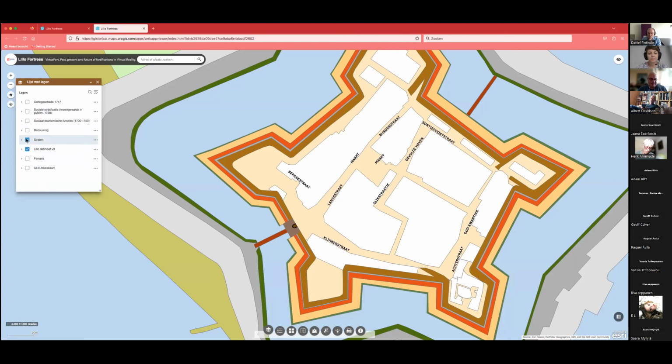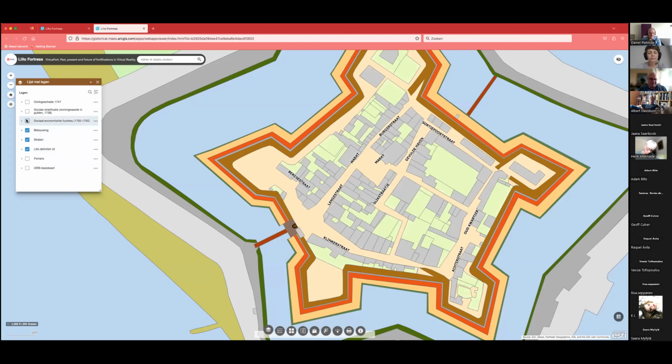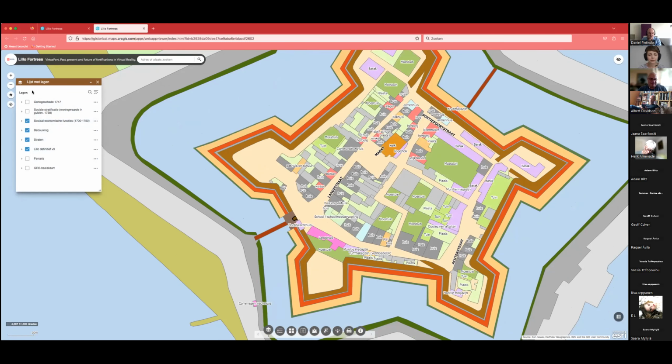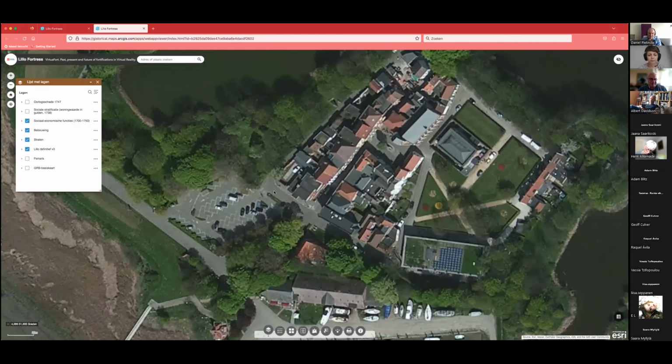You can turn on the streets, the names of the streets. You can turn on all the buildings. You can put, for example, the social economical function of it and so on. So this is the GIS. This allows you, of course, to change and zoom and so on.